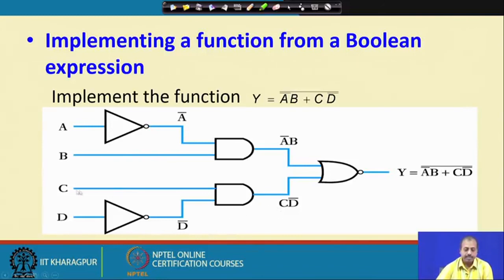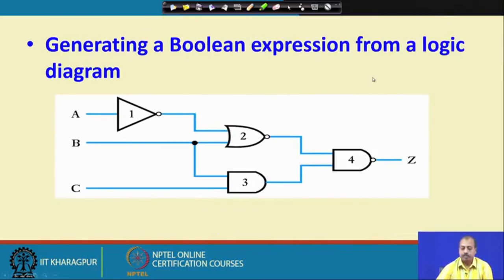Similarly, for getting C D bar, I need another AND gate, and in this AND gate C will be one of the inputs and D bar will be the other input, and for getting D bar from D I have to have an inverter in between. So, starting from the top level of your expression, you can keep going back realizing until you reach the simplest element, that is, the primary input. Until the expression refines to the primary input, we have to go on doing this.